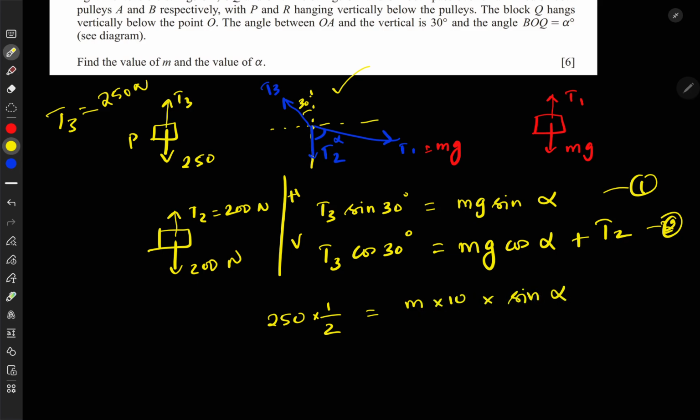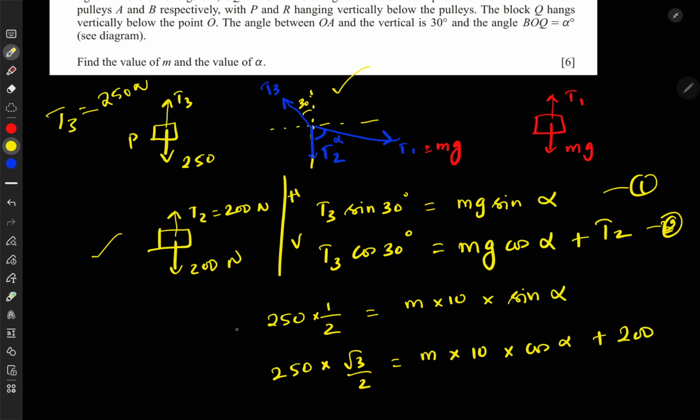Now for the second equation it will be 250, and cos 30 will be root 3 by 2, equal to m into 10 into cos alpha plus T2. T2 is 200, right? We got from here that T2 is 200.